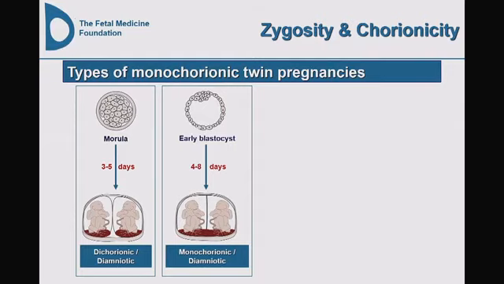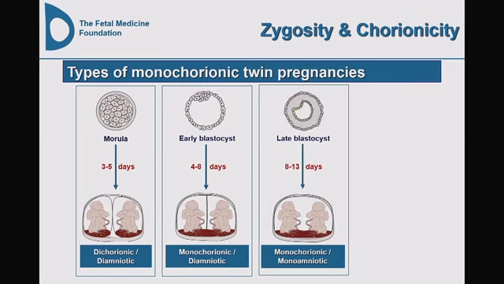And if the cleavage occurs within the next 4 to 8 days, then we have the traditional monochorionic diamniotic twins, which means that we have one placenta shared by the two babies and two amniotic cavities. And if the cleavage occurs between 8 and 13 days after fertilization, then we have the third type of monozygotic twins, which are monochorionic, monoamniotic.